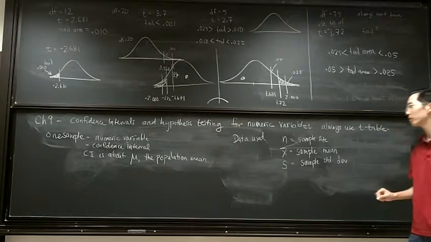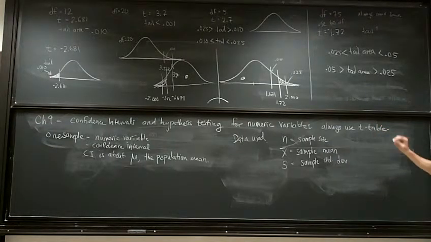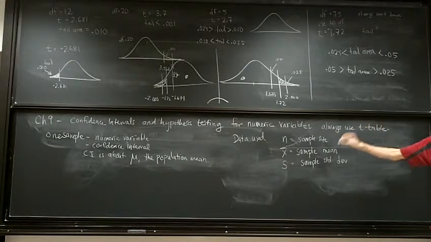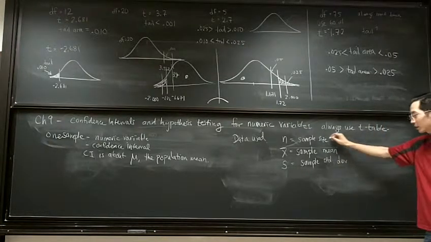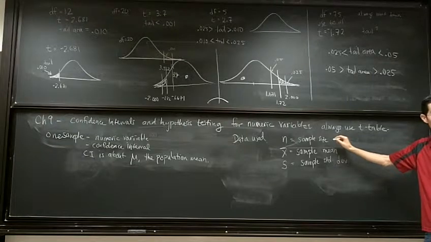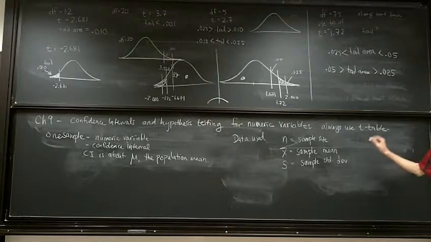Any problem that asks you to make a confidence interval for a numeric variable will have at least these three pieces of information written somewhere in the problem.